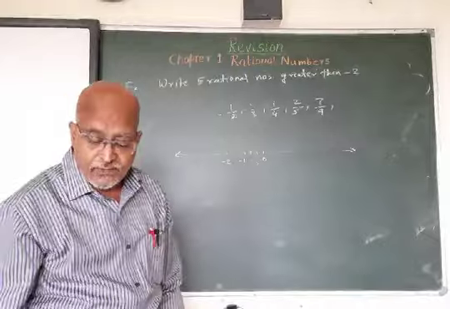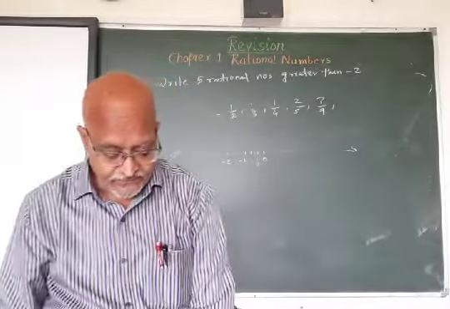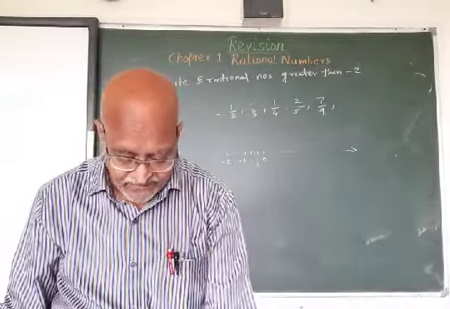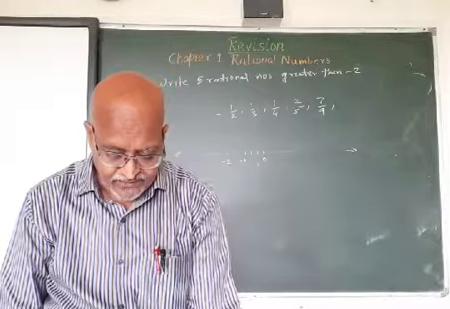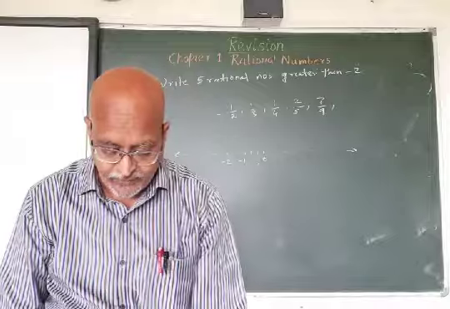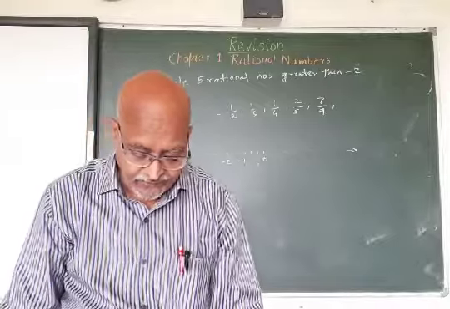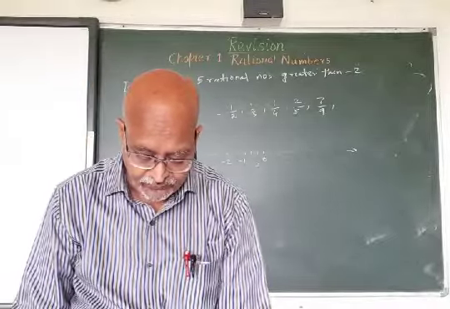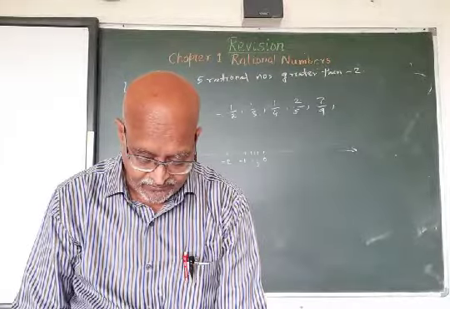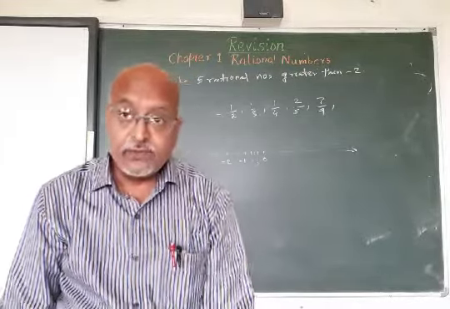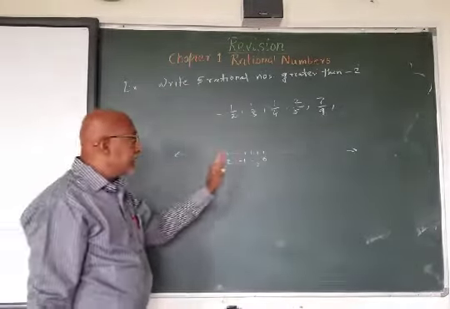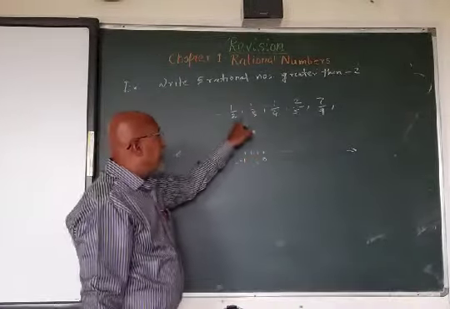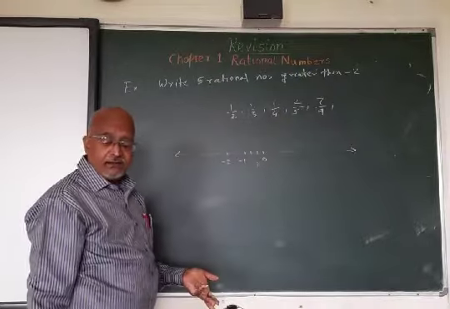Got it clear? This is one of the exercises I have given to you, and I have seen that many of you have left this part: write 5 rational numbers greater than minus 2, or 5 rational numbers less than 2. In less than 2 it is opposite. Whatever numbers you get with minus sign are always less than 2.